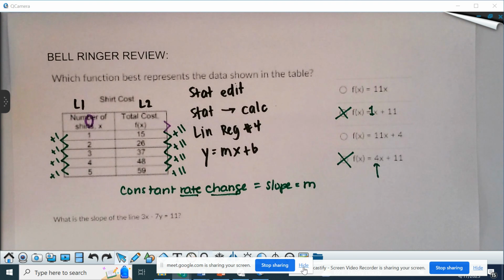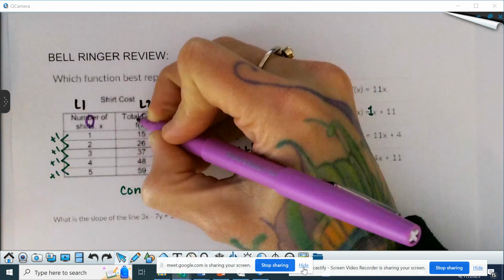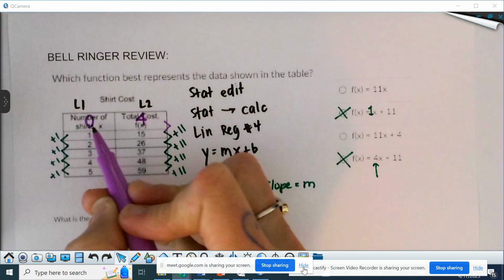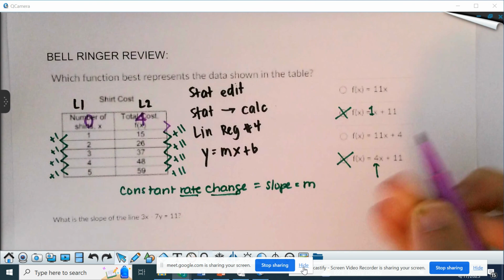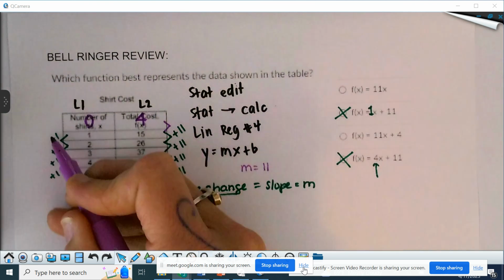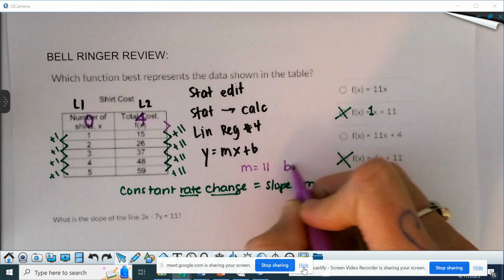Yes, thank you. So that's going to give us 4. If we work one more back, remember, when x is 0, that is your y-intercept. So that means we know that the slope is 11 because of the 11 over 1, and then our b value is going to be 4 because that's where x is 0.